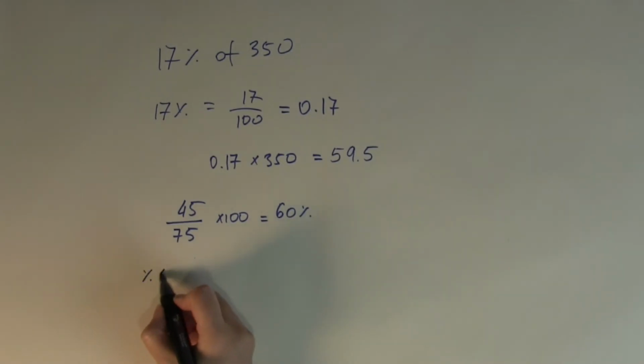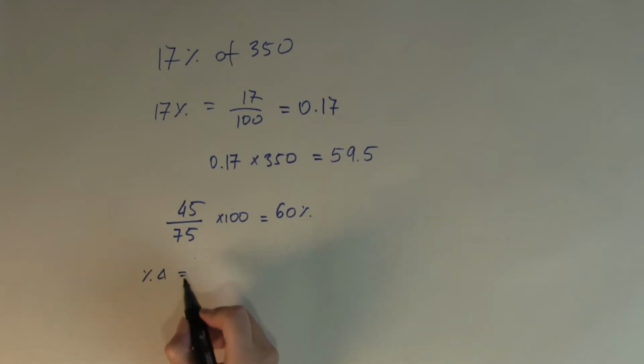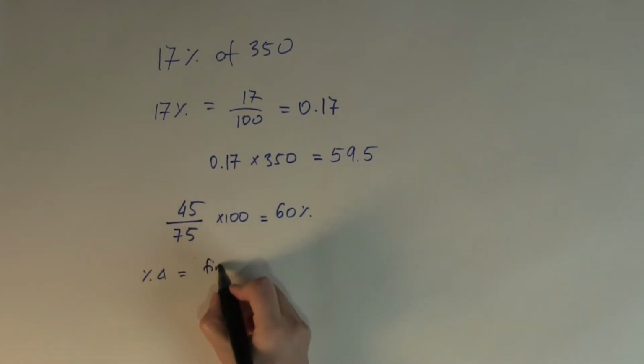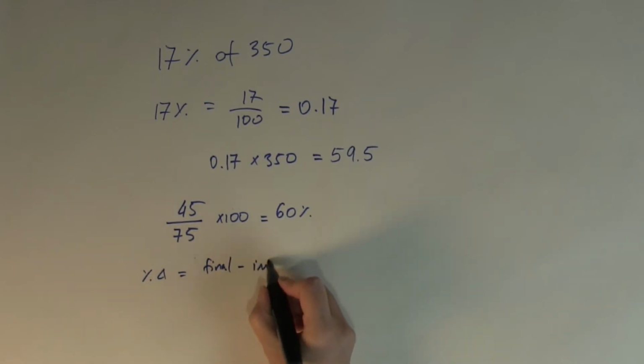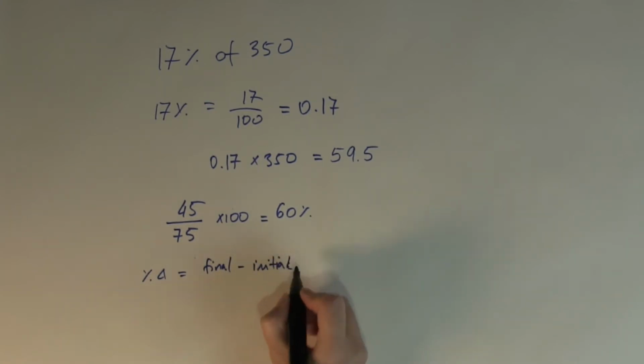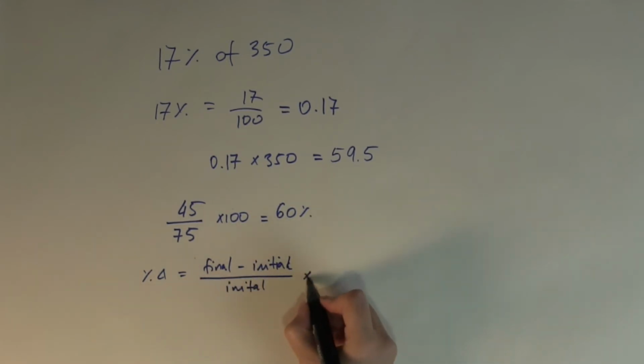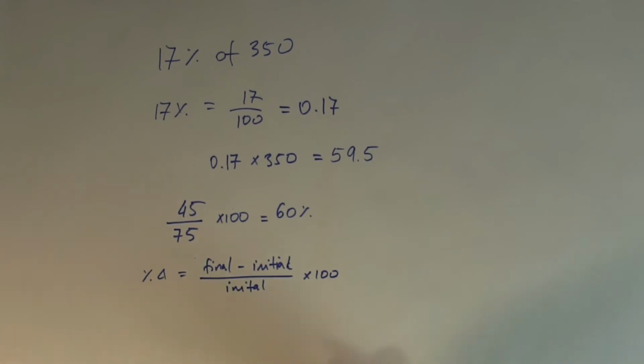So percentage change, by definition, is the final amount minus the initial amount divided by the initial amount and then multiplied by 100 to change it into percentage. Using symbols of mathematics, I could write it like x2 minus x1 over x1 times 100.